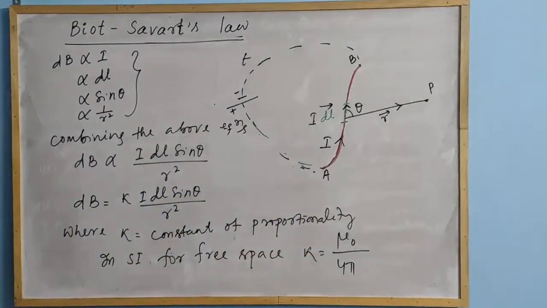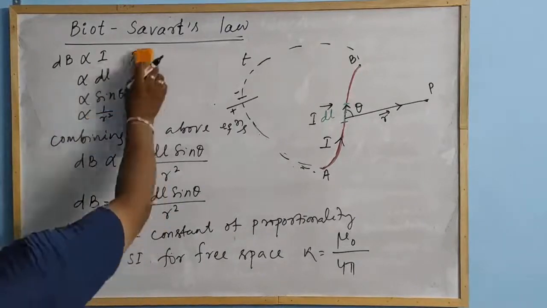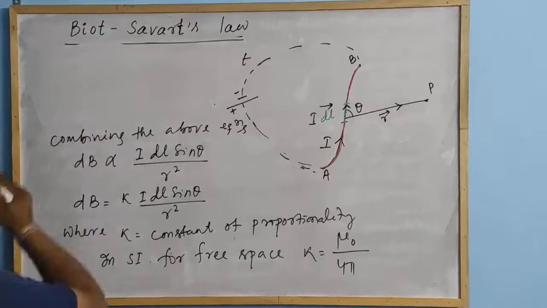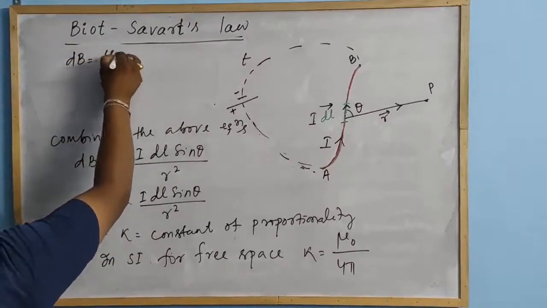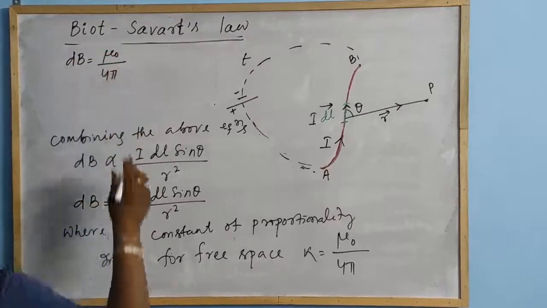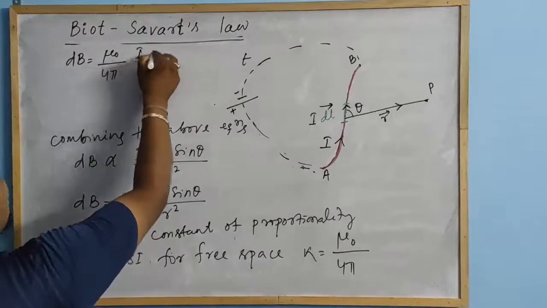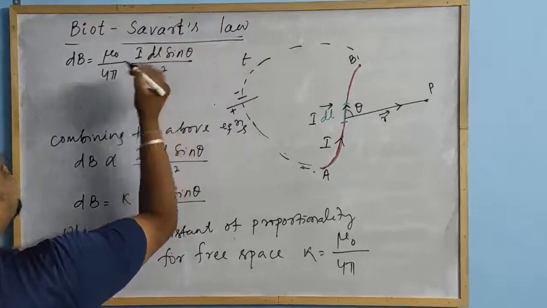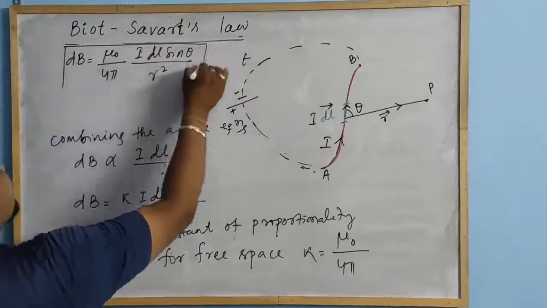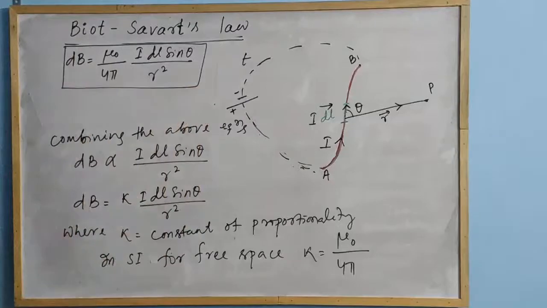Okay? If you put all these things, what will you get again? I can write dB, in SI, is equal to mu naught by 4 pi times I dl sin theta by r square. So this is the statement we can see.